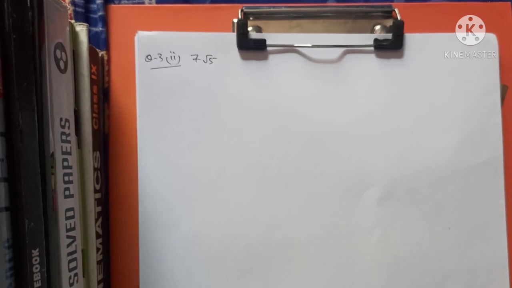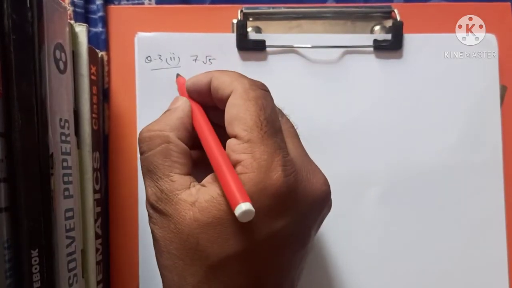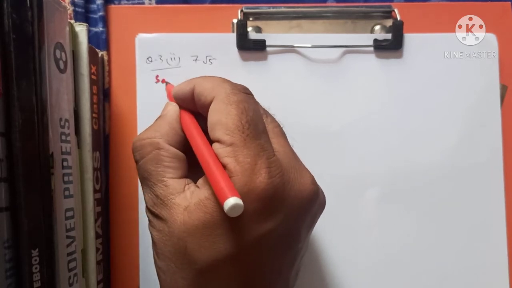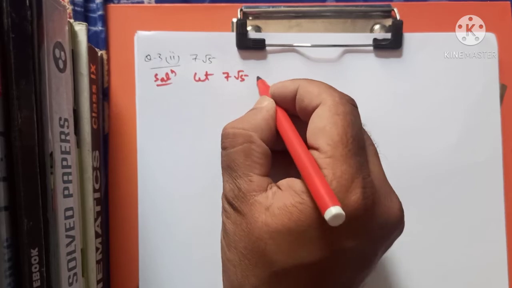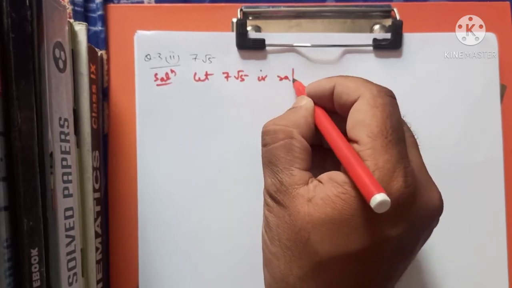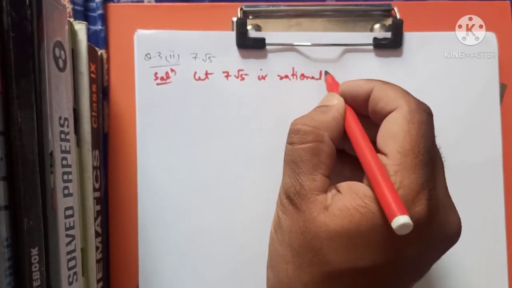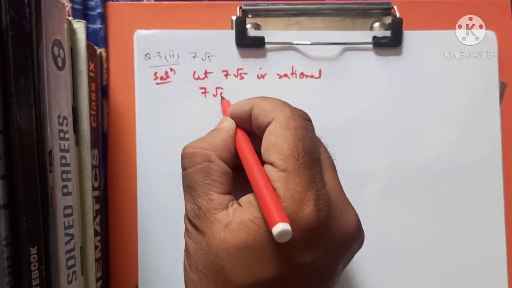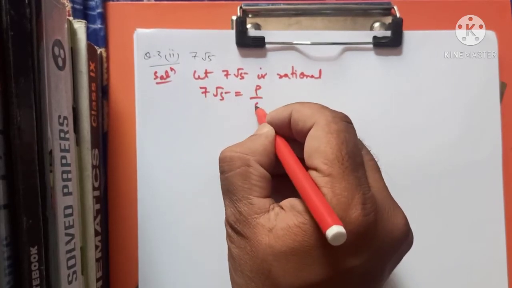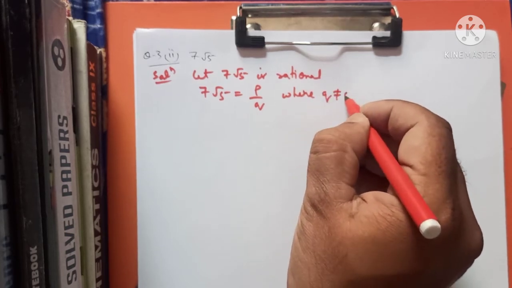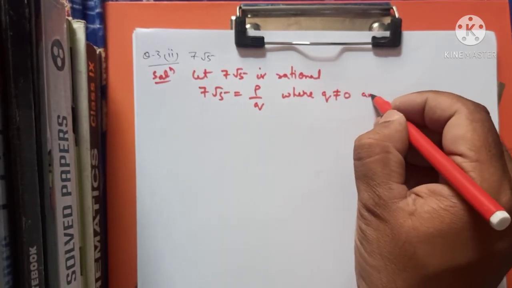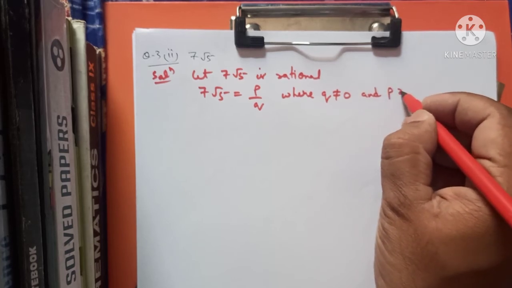Okay, second part: prove that 7 root 5 is an irrational number. In the similar manner, we'll start. Let 7 root 5 be rational, contradiction method only. So 7 root 5 is equal to P upon Q, where Q is not equal to 0 and P and Q are co-prime.